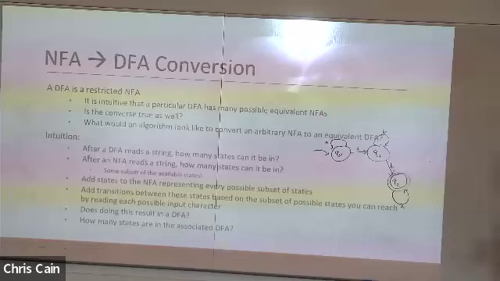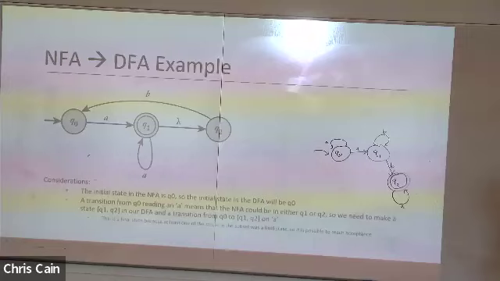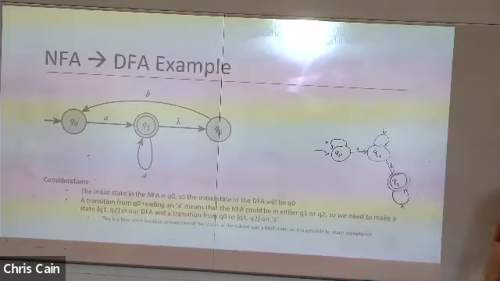All right, so we had the intuition, then we had the example that we had here. So we first figured out what the initial state of the DFA was going to be. The initial state of the DFA was going to be anywhere you could reach from the initial state without consuming any characters. So that means look for any lambda transitions.